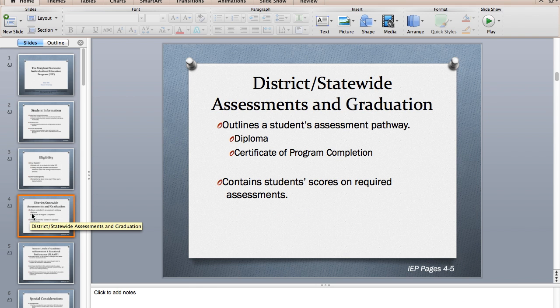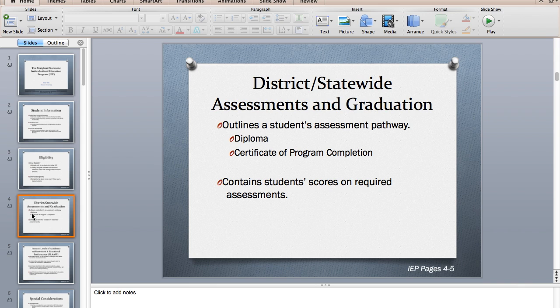So moving on now to the next section of the IEP, we're going to take a look at the district, statewide assessments, and graduation section of the IEP, and that is found on pages 4 and 5 of your IEP PDF document. The main purpose of this section of the IEP is to outline the student's assessment pathway.